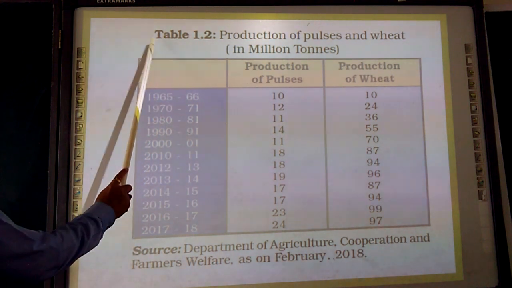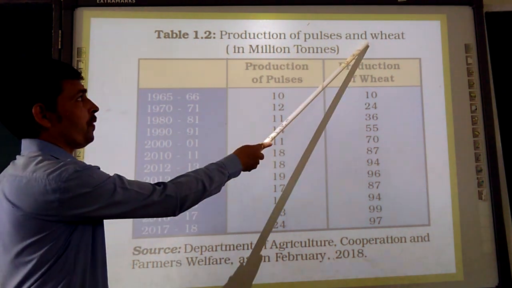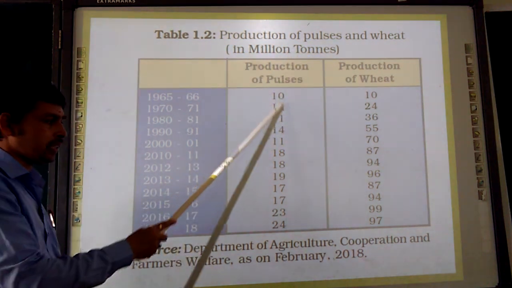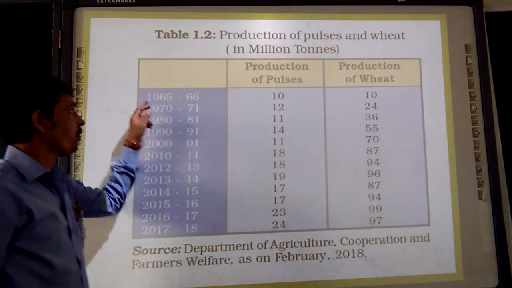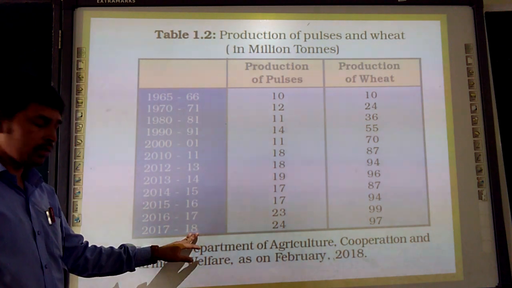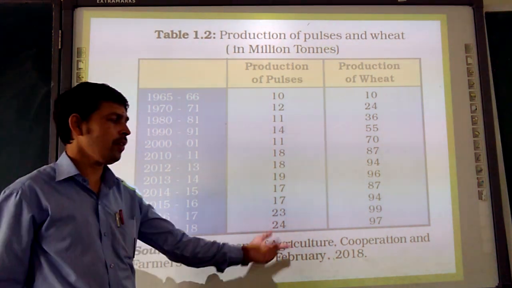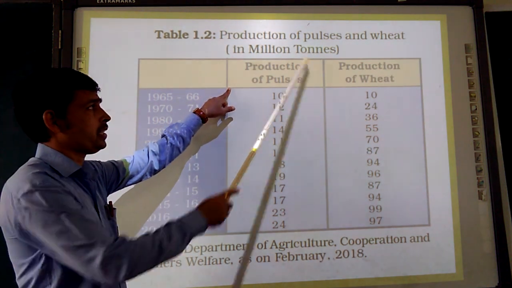First, table number 1.2. Production of pulses and wheat in million tons. So production of pulses is here. Production of wheat is here. From 1965 up to 2018. The source given here is the Department of Agriculture. This is in million tons.